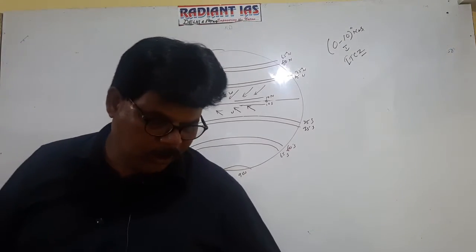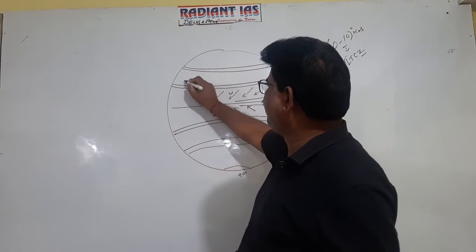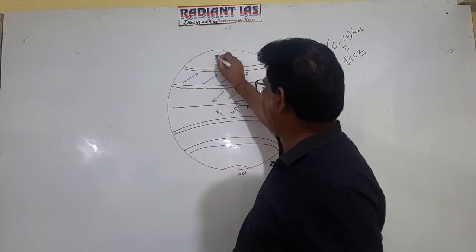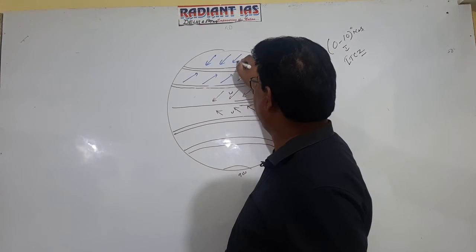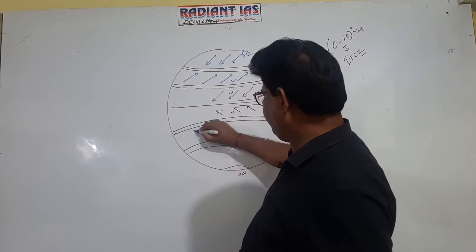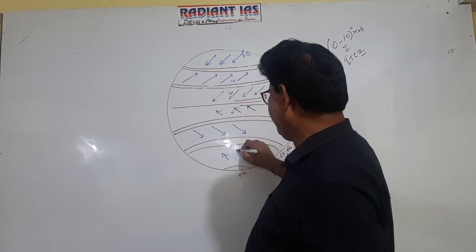On the other hand, this is the westerly wind zone, and this is the polar easterly wind zone. Similarly, this is the westerly wind, and this is the polar easterly wind. Getting well now?